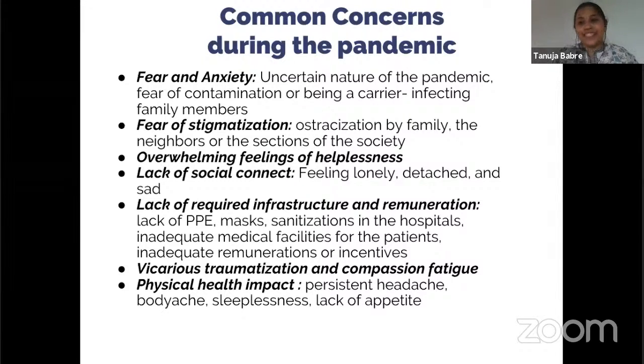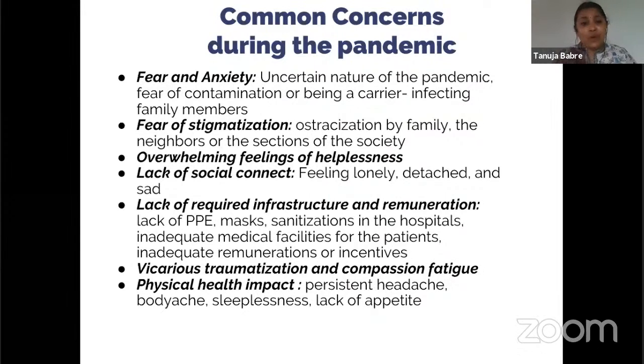No matter how much you extend yourself to your work, unfortunately that has seemed not enough in the past few months. And this impact on emotional well-being is also very clearly seen through other psychosocial and physiological impact, right?